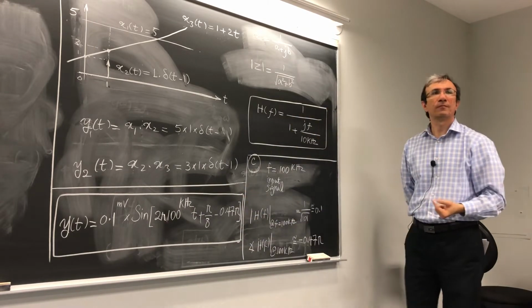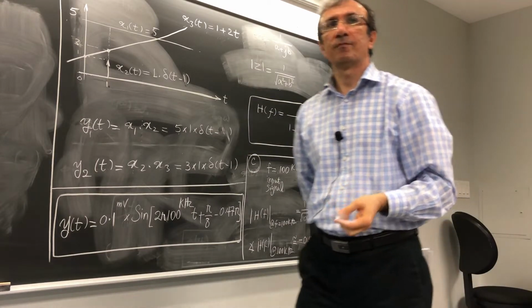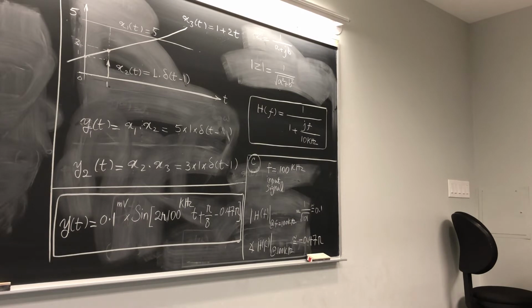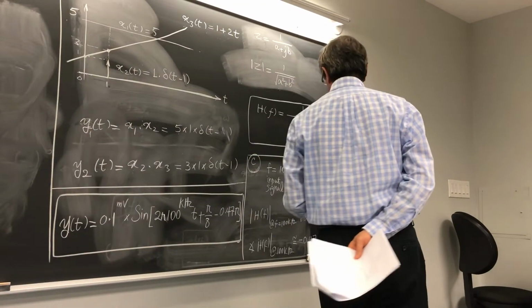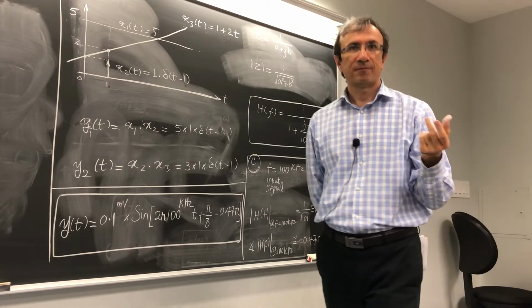So the generic one, just to repeat, would be the amplitude of the input times the amplitude of h of f. And then inside the sine or cosine, it would be whatever was there normally before, plus the phase shift. Just plug and match that, assuming that the input is a single frequency sine wave or cosine. What happens if the input is a linear combination of two sine waves?